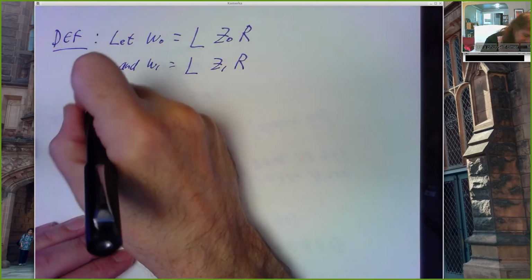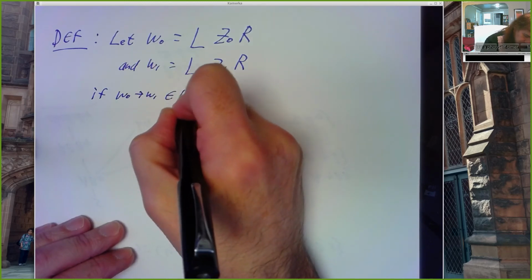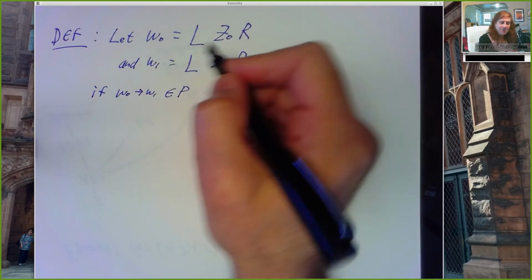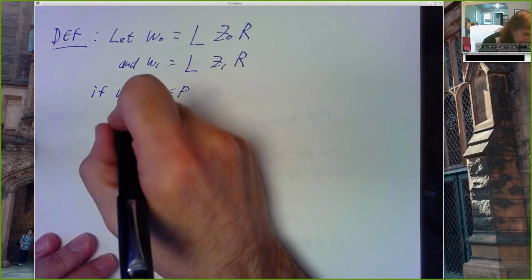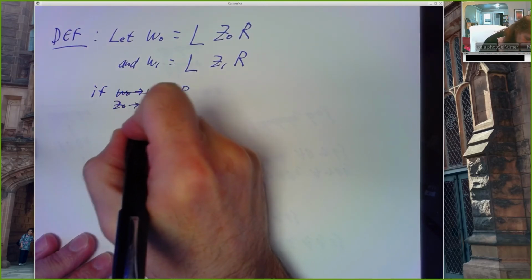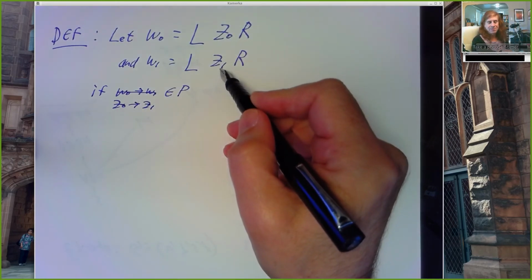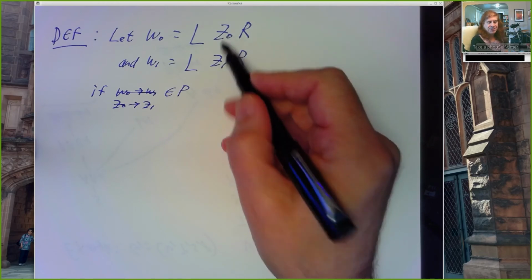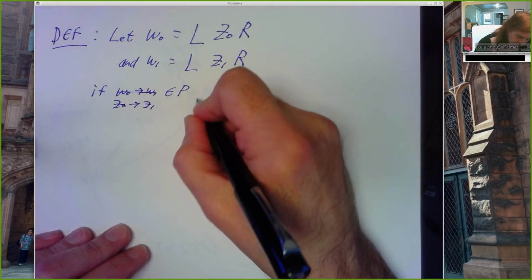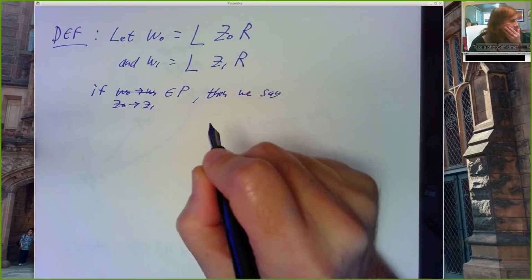All right. If this rule is a member of our set of productions, in other words, if there's a production rule for changing this string into that string, for changing Z0 into Z1, then we can say the following.